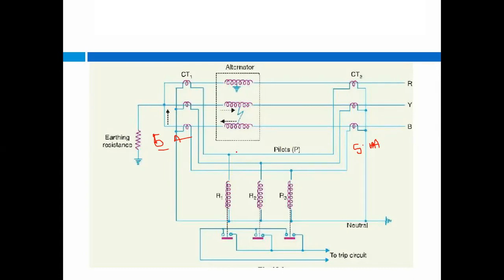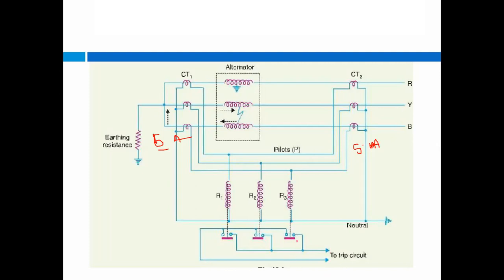This relay R1 is connected to R phase, R2 is connected to Y phase, and R3 relay is connected to the B phase. So if the fault is in this R phase, your R1 relay will operate, and it will give a signal to the circuit breaker for tripping purposes.